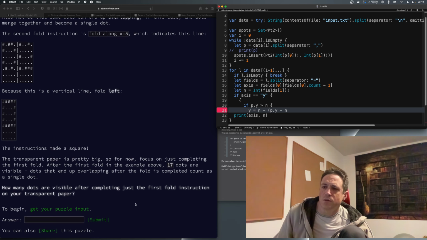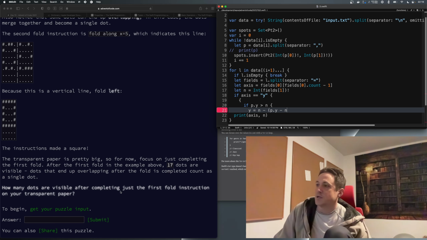Instructions made a square. Okay. Is pretty big. Focus on just completing the first fold. How many dots? Just the first fold instruction.